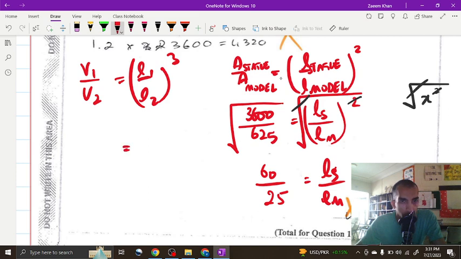Instead of writing L1 and L2, I'll write LS and LM, just so that you're familiar as to what you're plugging in and where. So LS is going to be how much? 60. And LM? 25. Thank you.